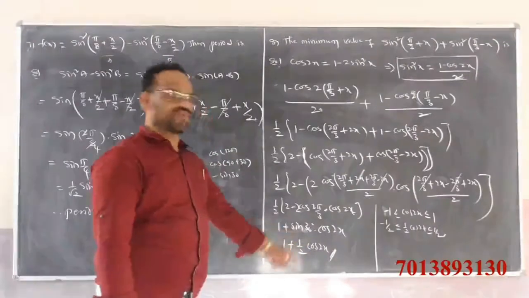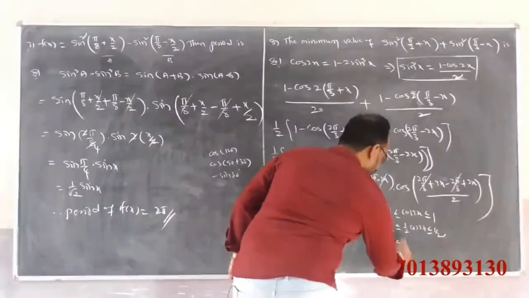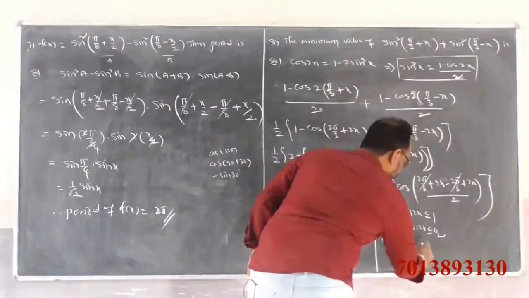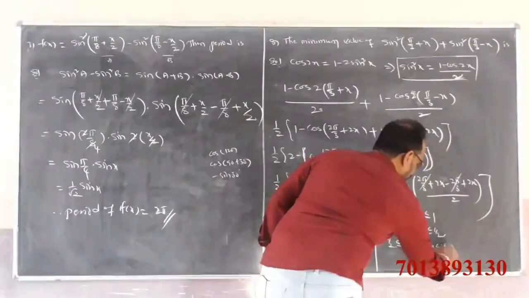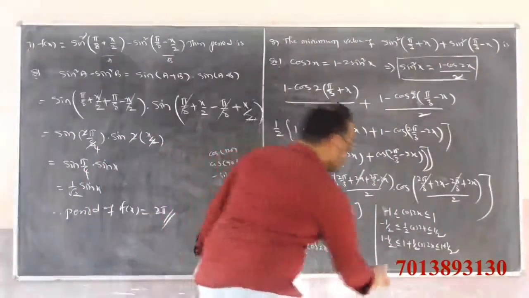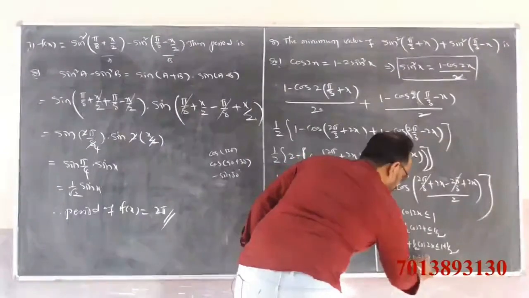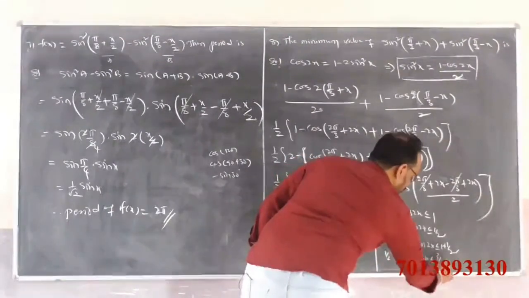We want 1 plus 1 by 2 cos 2x, so add 1 on both sides: 1 minus 1 by 2 is less than or equals to 1 plus 1 by 2 cos 2x is less than or equals to 1 plus 1 by 2. 1 minus 1 by 2 is 1 by 2. So 1 by 2 is less than or equals to 1 plus 1 by 2 cos 2x is less than or equals to 3 by 2.